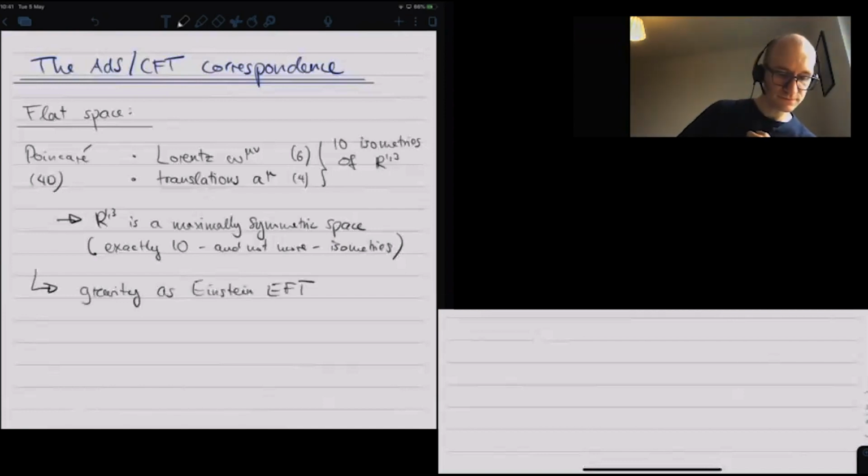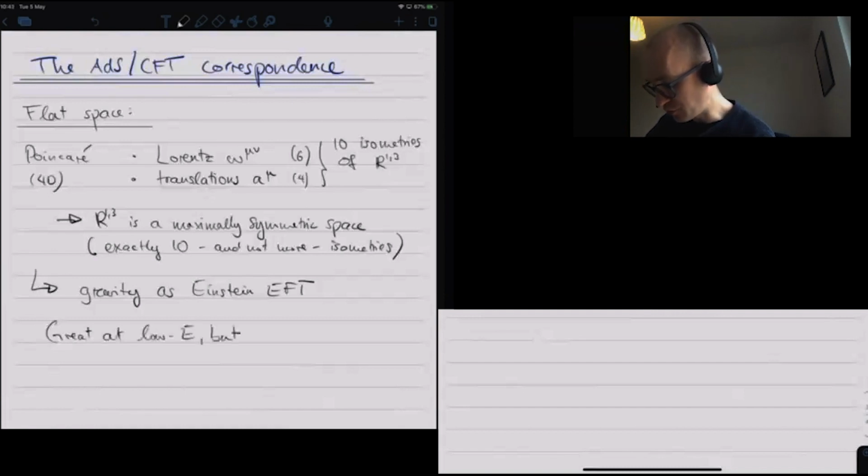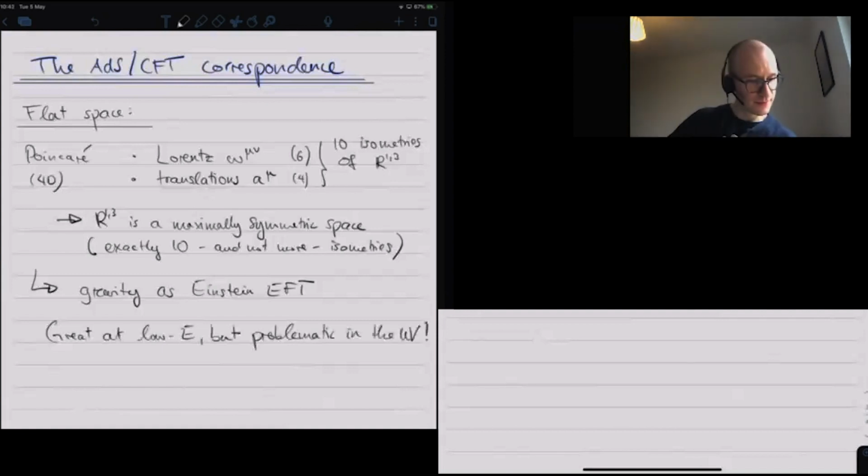However, it is not well defined in the UV. So this is great at low energies, but problematic in the UV. In particular, we have shown that it's a non-normalizable theory, and also that the effective field theory treatment becomes non-perturbative at the Planck scale.